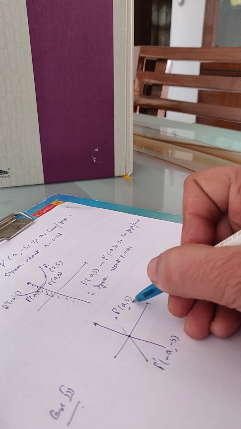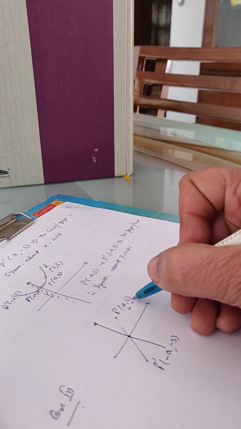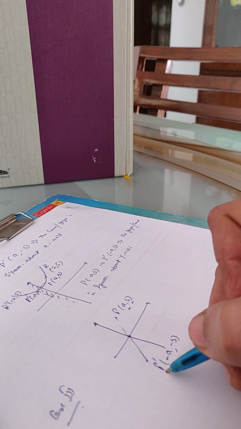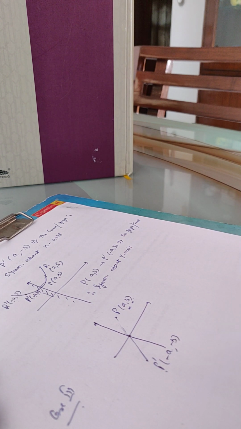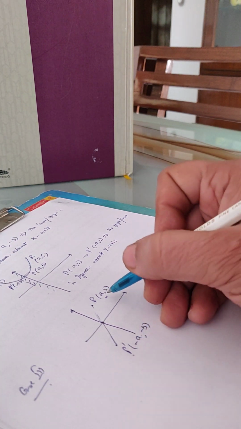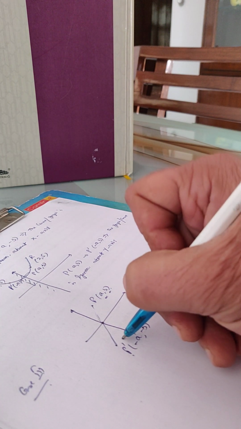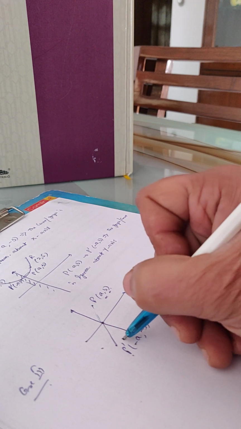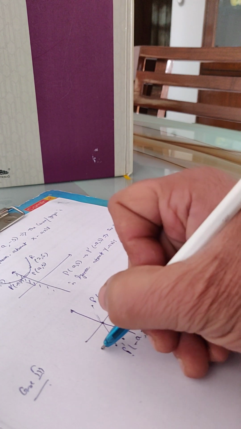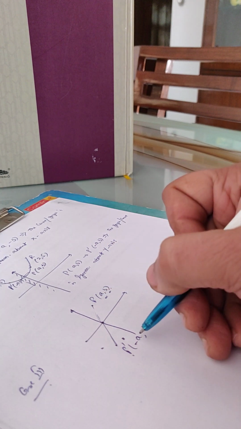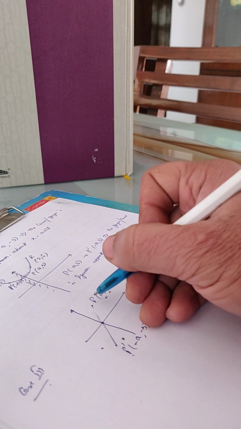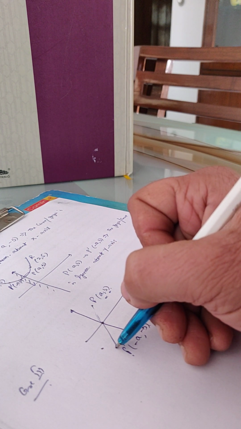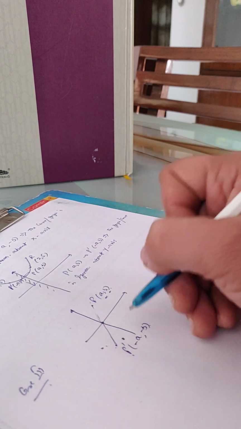The coordinate of P is (a, b), which gives you reflection P dash of (minus a, minus b). I am not saying this point or that point; they may have different coordinates, but the same values: a is a, b is b, but with negative signs. That means the first quadrant gives a reflection in the third quadrant.